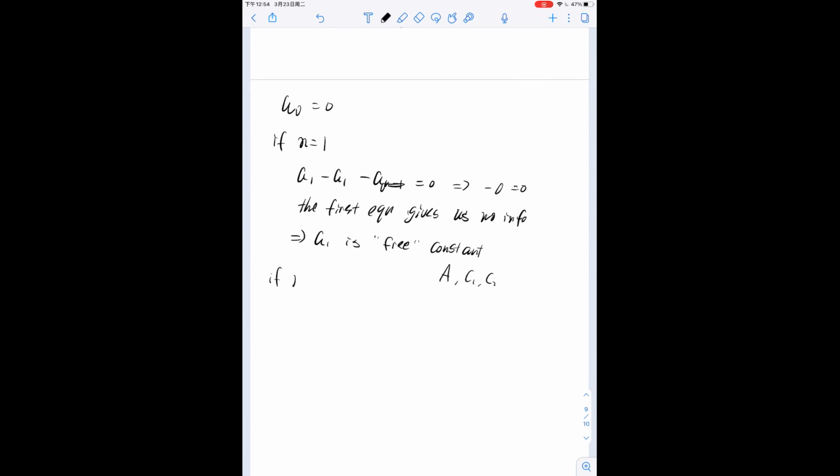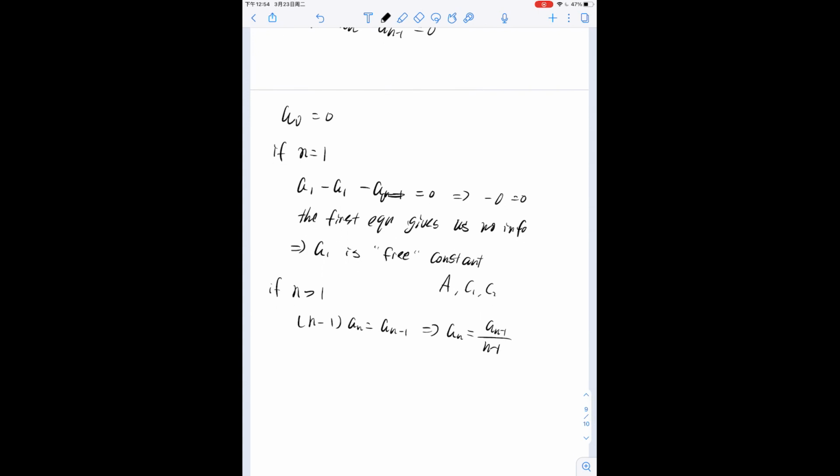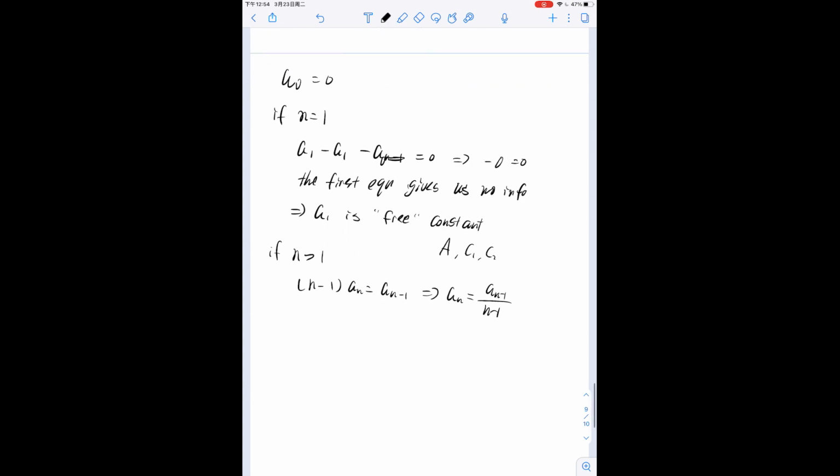If n is larger than 1, then we have n minus 1 times an equals a n minus 1, or an equals a n minus 1 over n minus 1. So this is a recursive relation. If we write a few more steps, we get something like this, with a n minus 2 over n minus 2, and so on.